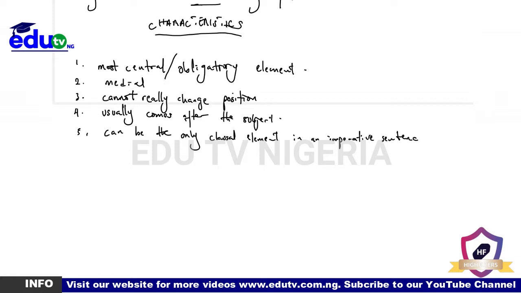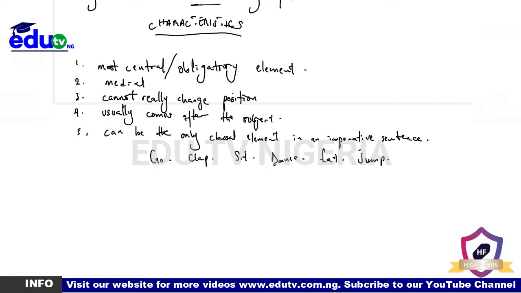Let me give you an example of an imperative sentence. You have something like go, clap, sit, dance, eat, jump. These are all commands or imperative sentences. Even though they're made up of one word, those one words are still making up a whole sentence.